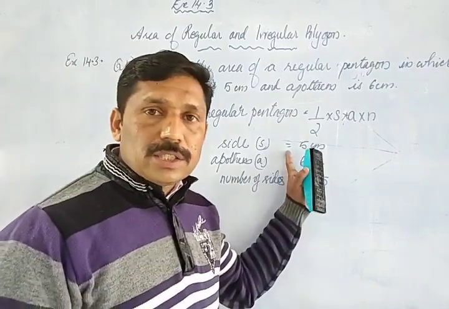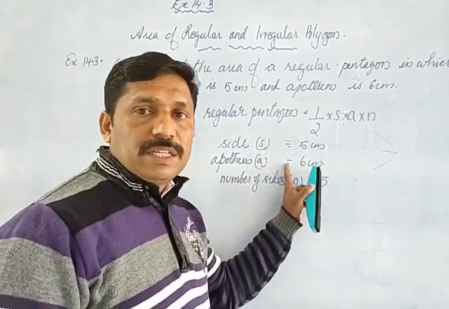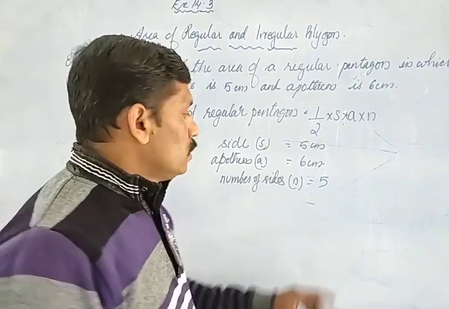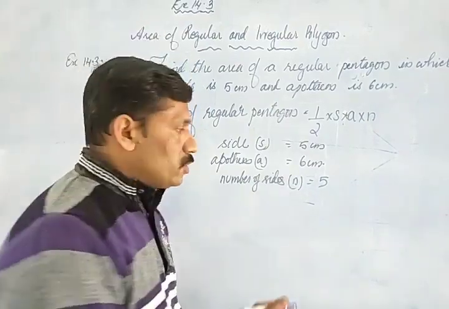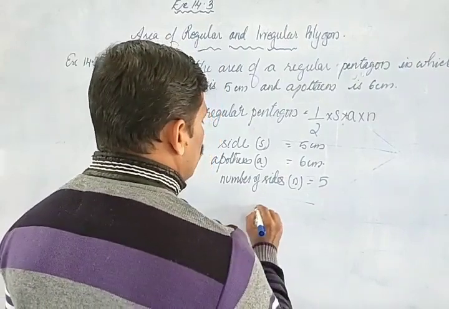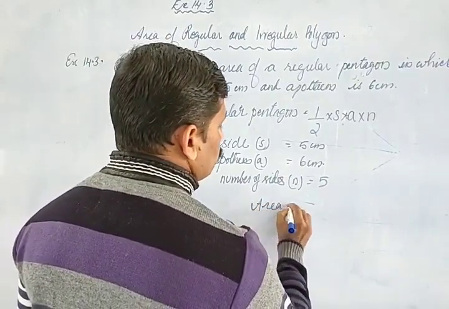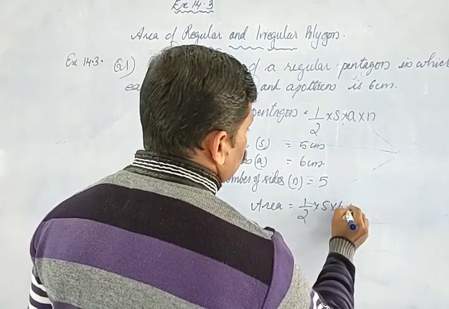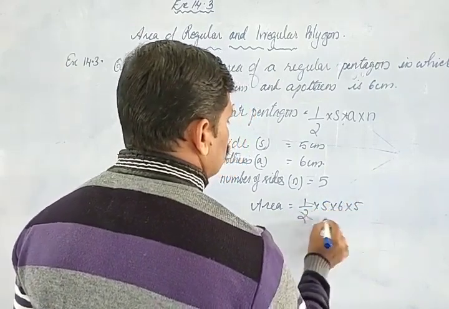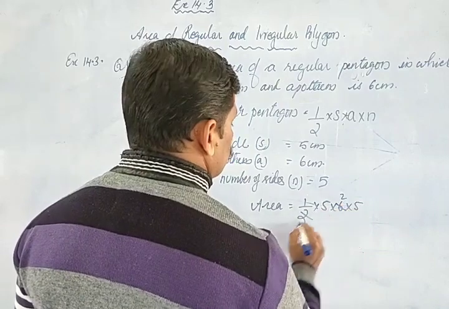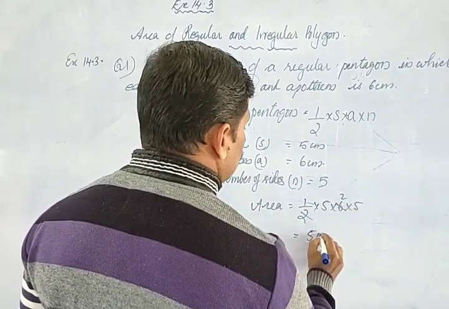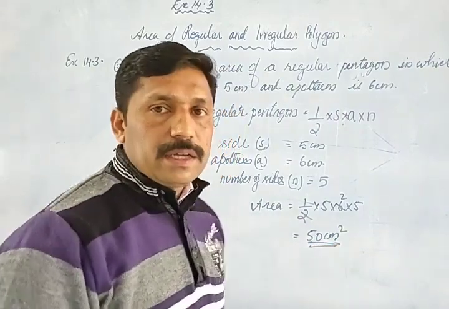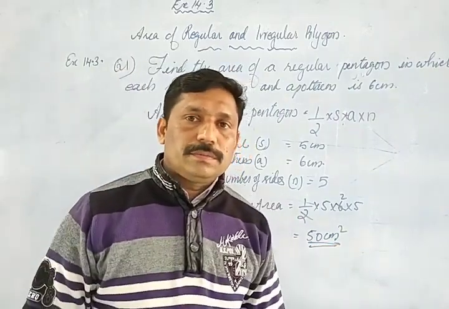So we apply the formula: area is equal to half into 5 into 6 into 5. That means 75 cm square is the area of that regular pentagon.